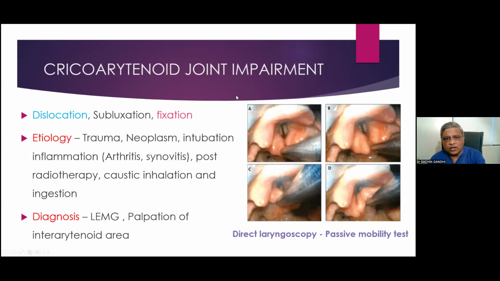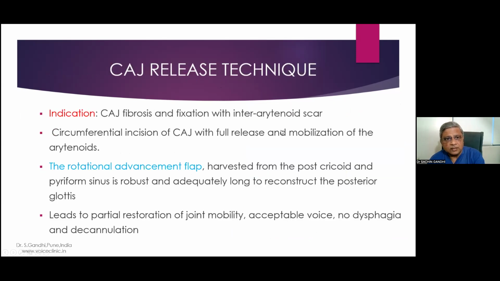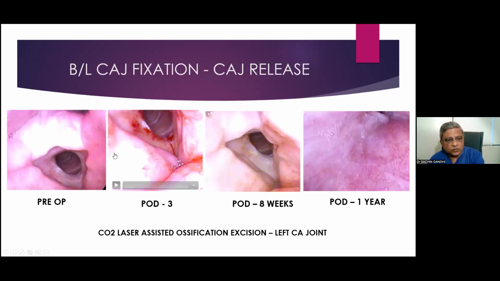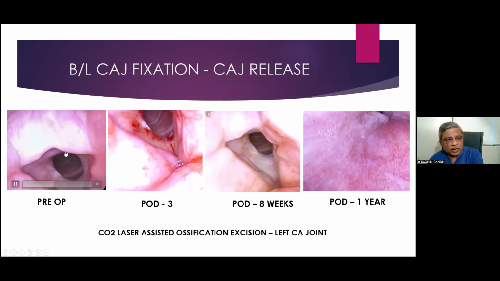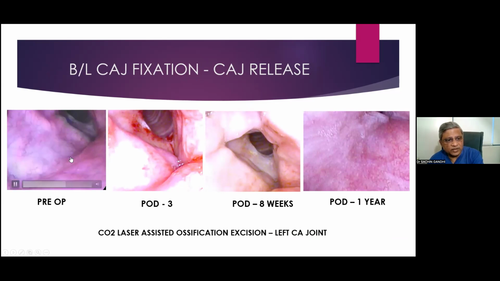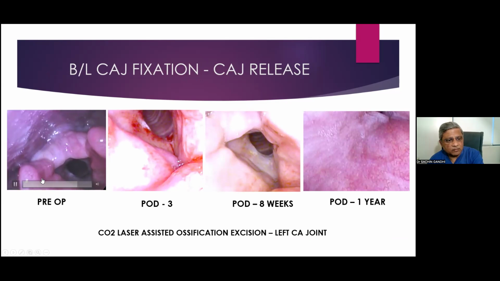Now the patients who have got bilateral cricoarytenoid joint fixation, you can vaporize them with CO2 laser and make them mobile. So actually, this is one case who had come with an interarytenoid web, but you can see arytenoid movement.